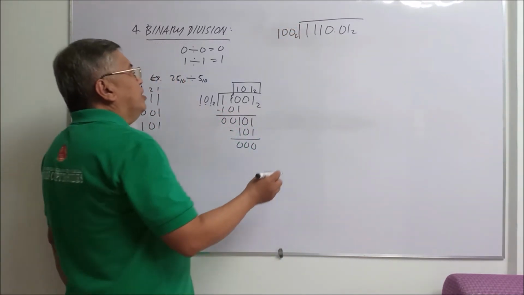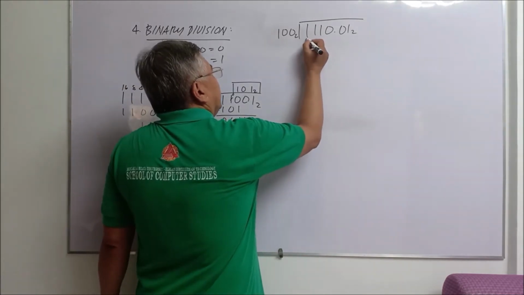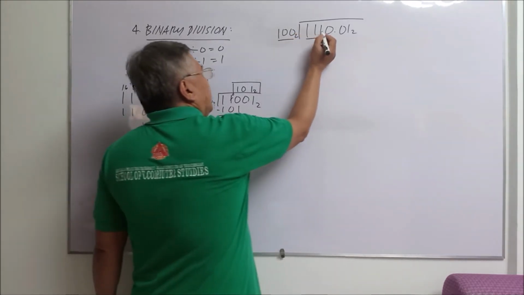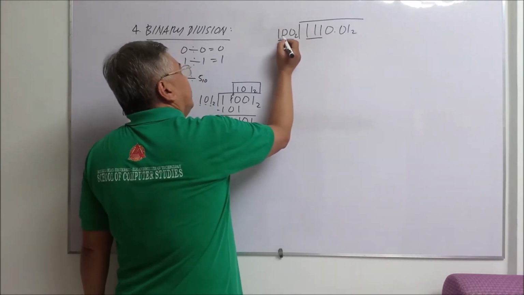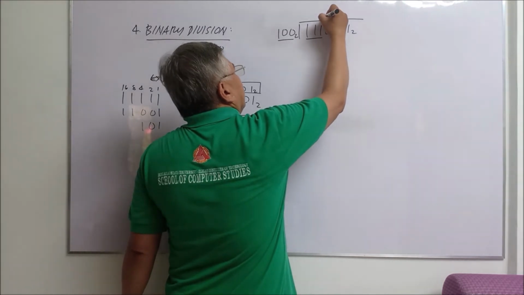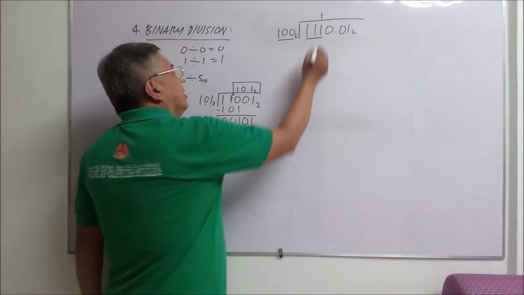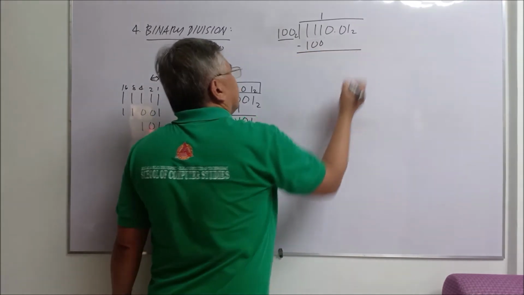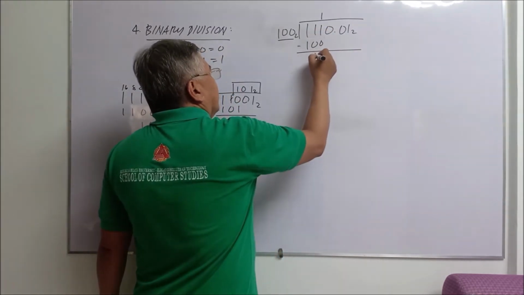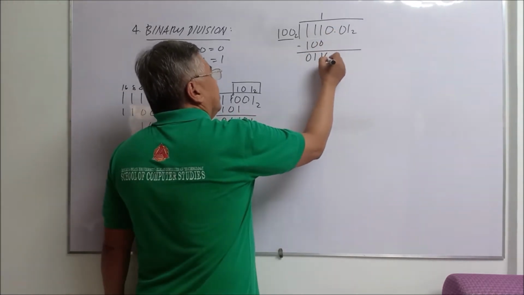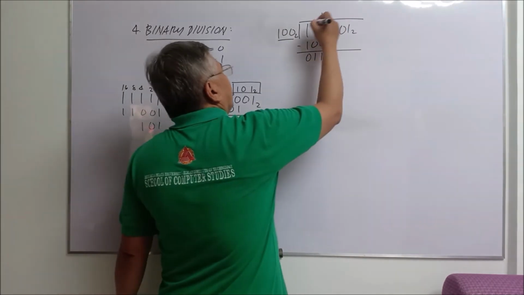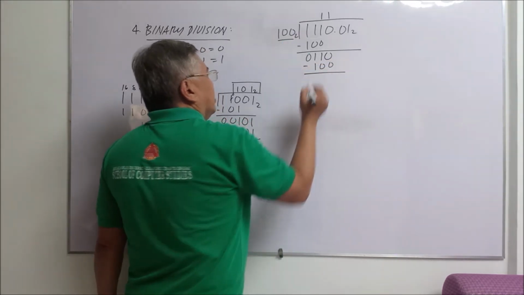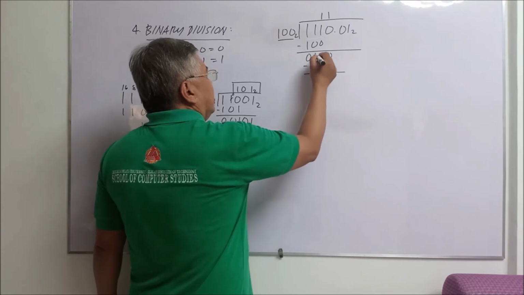So again, the first step is to determine if the first digits here are bigger than the digits outside. Since 1, 1, 1 is 7, bigger than 1, 0, 0, which is 4, then you start putting a 1 here on the 3rd digit of the number. 1 times 1, 0, 0 is 1, 0, 0. Okay? Then subtract. You have 1, 1, 0. Bring down 0. 1, 1, 0 is bigger than 1, 0, 0. So you have 1 here. 1, 0, 0. Subtract. You have 0, 1, 0.